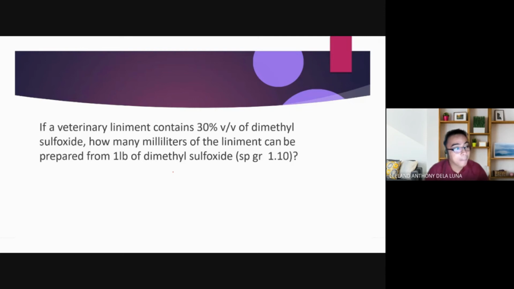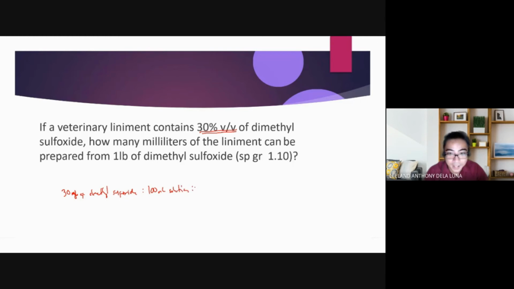Now, class, again, ang preparation natin is expressed in volume per volume. Alright? It's 30% volume per volume. So, ibig sabihin, to make this happen, I need 30 ml of dimethyl sulfoxide to create 100 ml solution.